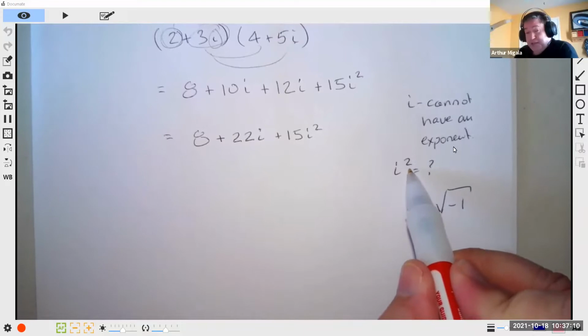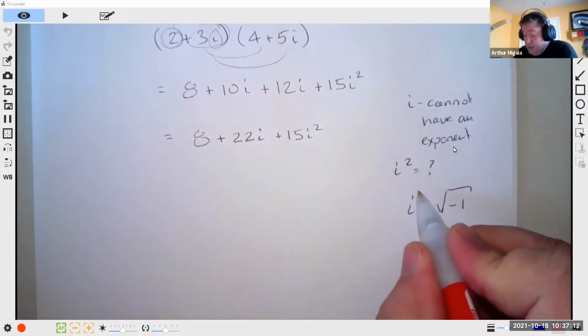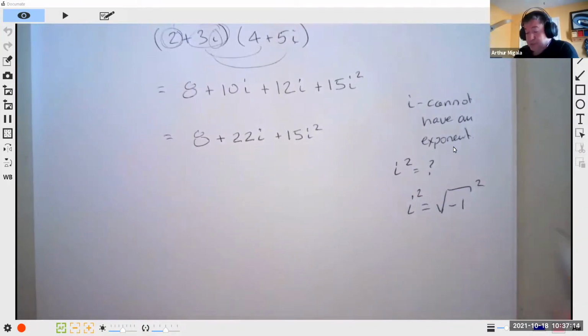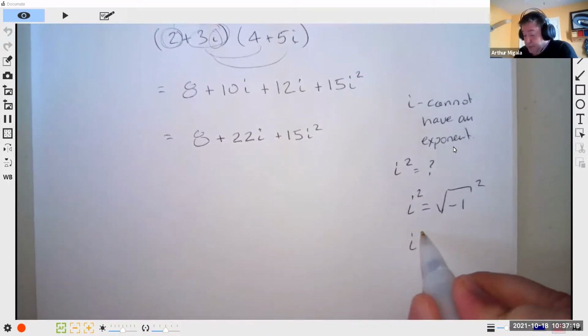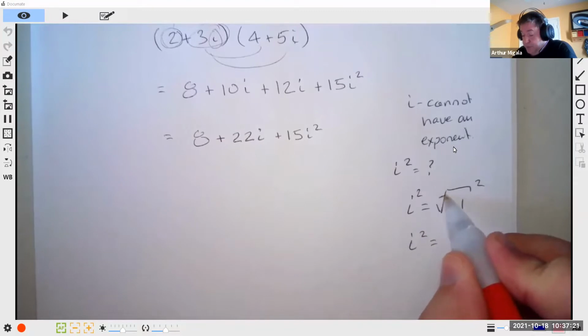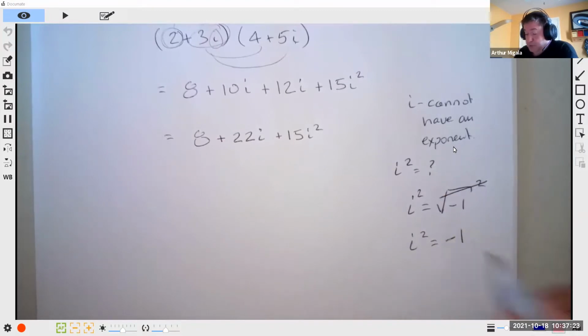So how do we get I squared? If we square both sides, the square root and the square cancel. So I squared equals -1. There's your second formula.